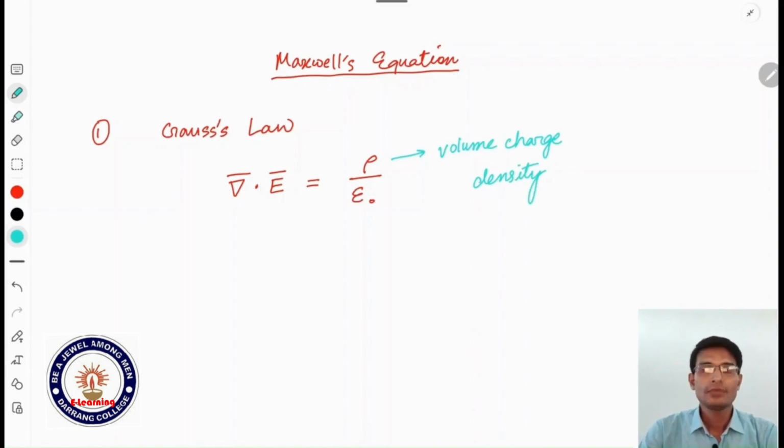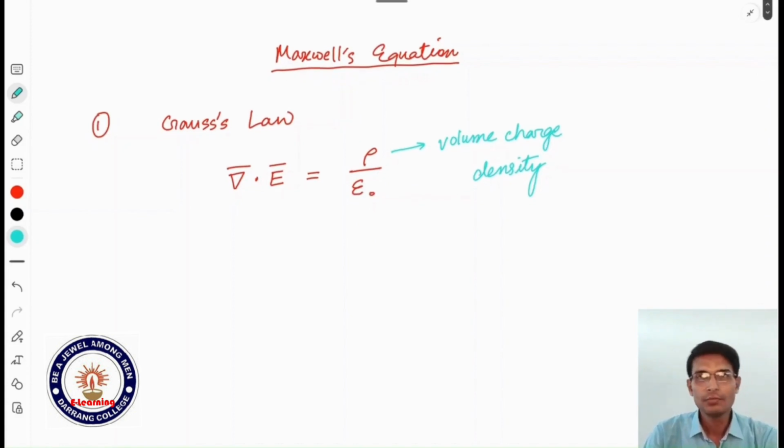So if there is an electric field coming out of a surface, then the divergence of the electric field is equal to the volume charge density enclosed by the surface divided by epsilon naught. This is the first Maxwell's equation.